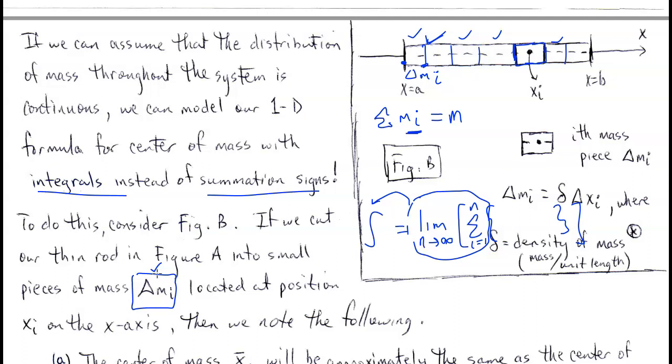So since we don't know that, we have to take into account that the mass may be more in some places than others. So even though it would be great to refer to all these masses just as m sub i, it's more proper to call it delta m sub i, or change in the mass from one location to another. Okay.